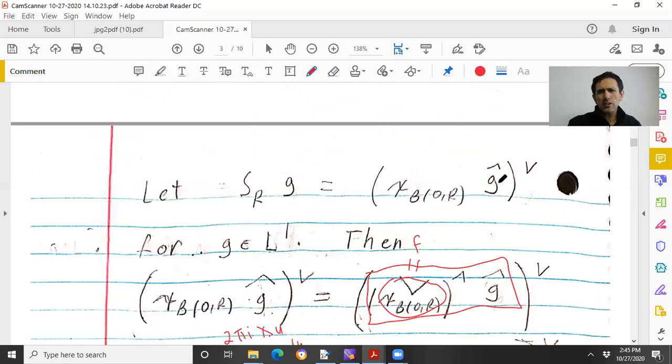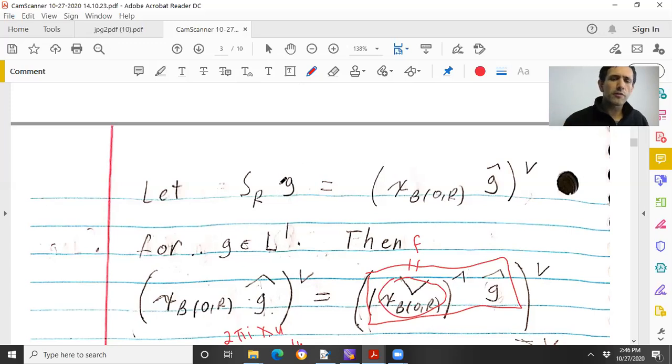By definition, S_R is the following, and if we have a Schwartz function, it's reasonable to think that because the Schwartz function is so nice, it's C infinity and decays faster than 1 over any polynomial in modulus, that we can let r go to infinity. This characteristic function formally becomes just 1, and so Fourier inversion should kick in.